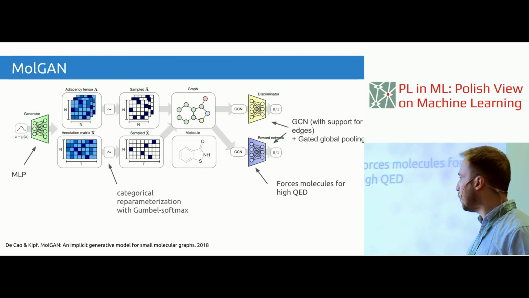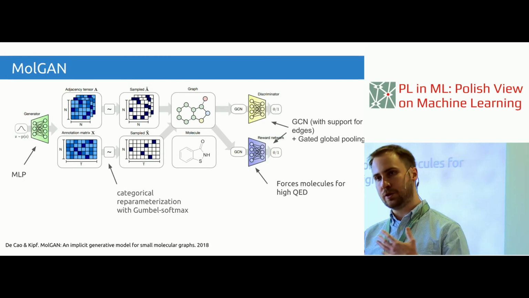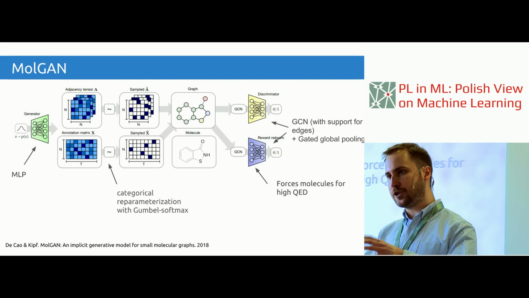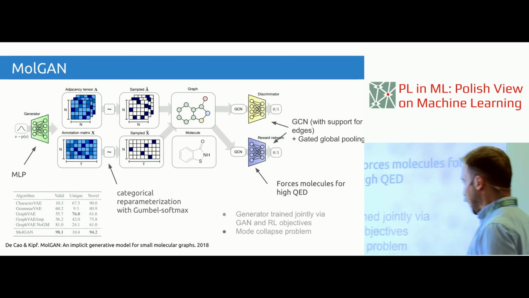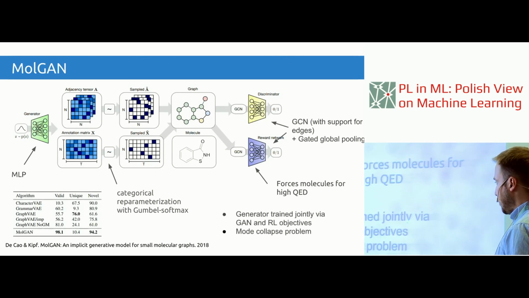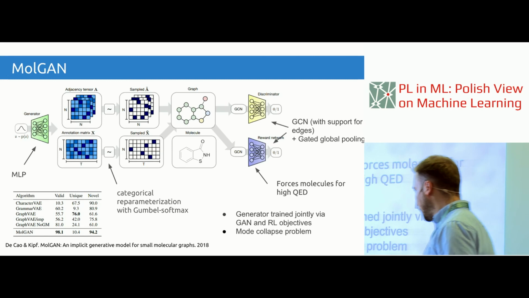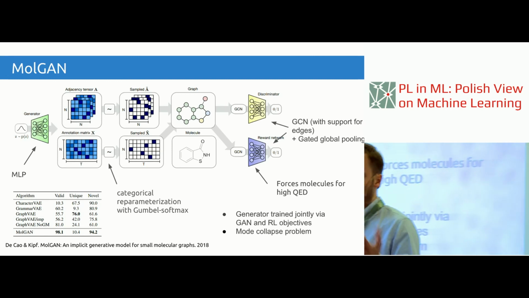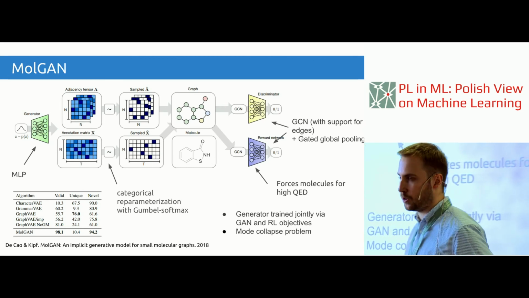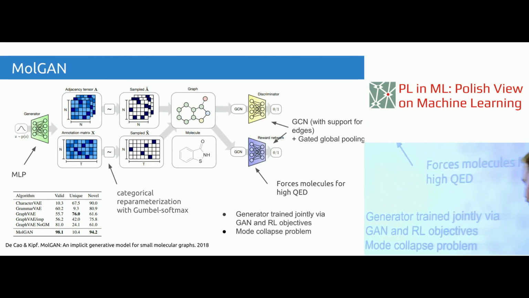So they want to force the model to produce molecules that actually are similar to true drugs. And the generator is trained jointly via GAN and reinforcement learning objective. That objective is just a combination of those two.